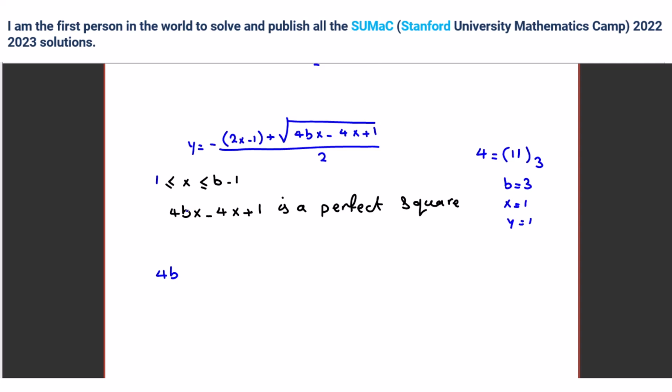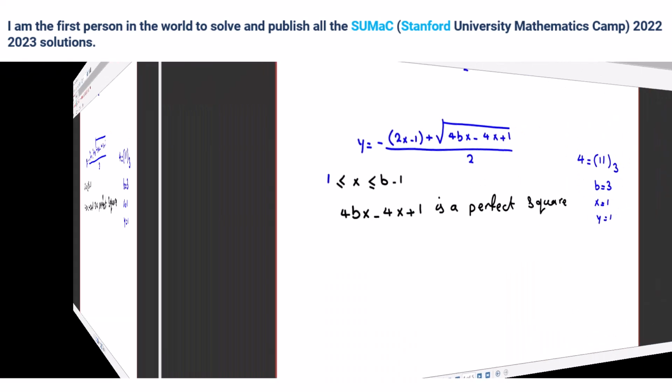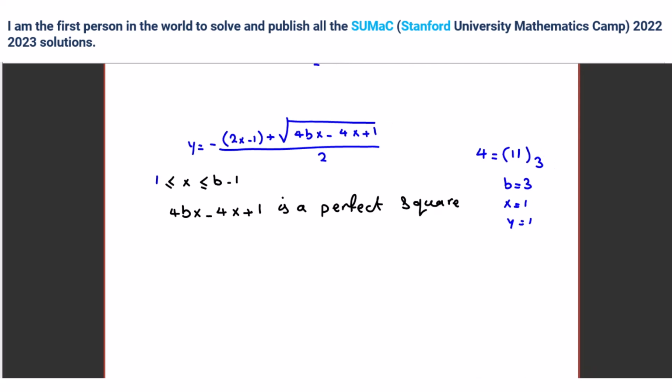Do you want to try this one on your own to see for what values of b and x it is a perfect square, or do you need a hint? I can try. Okay, sure. I'm not sure how to do it. Okay, so here we know it is a perfect square, right?